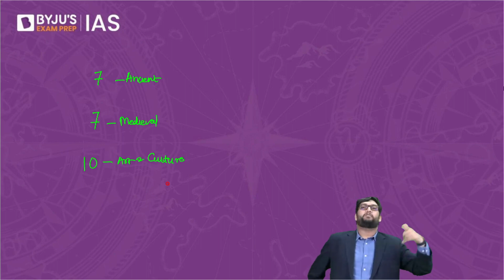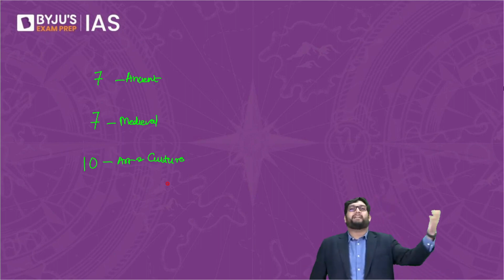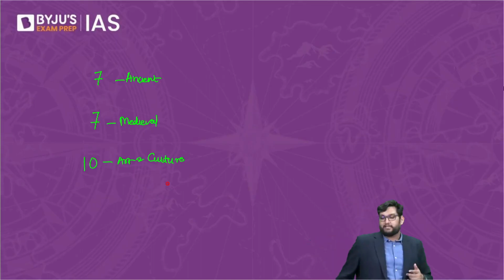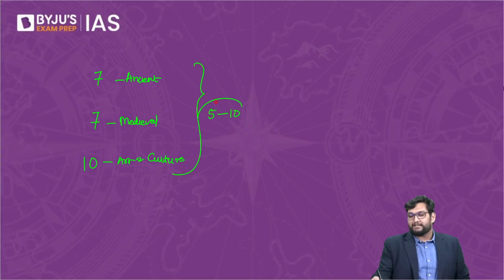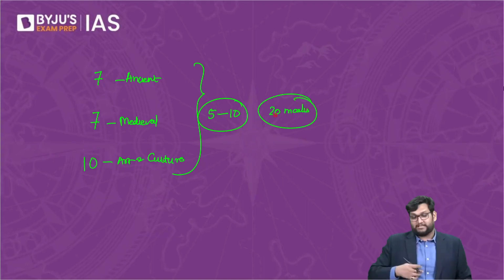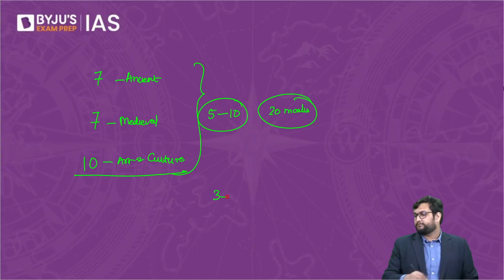And the reason you don't know ancient and medieval is because some random person told you it's not worth it. But ironically, out of this area, 5 to 10 questions, at least 20 marks in the examination, are going to come. And this time ancient medieval also, at least 3 to 5 GS paper 1 questions are coming.